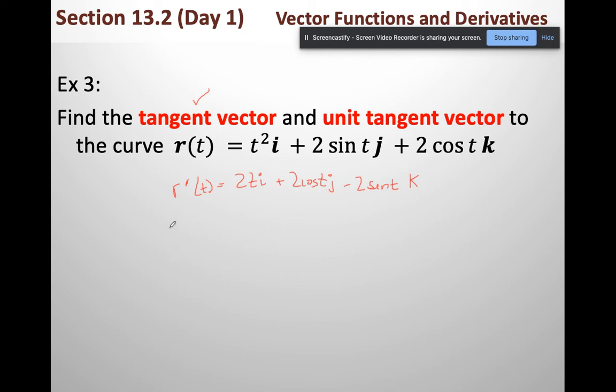So the unit tangent vector is r prime of t divided by the magnitude of r prime of t. So what is that going to be?